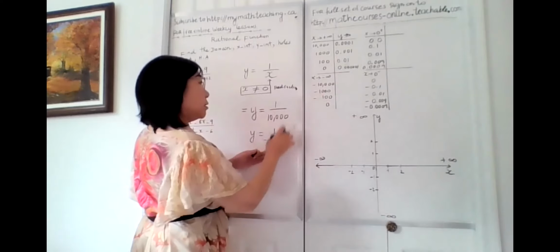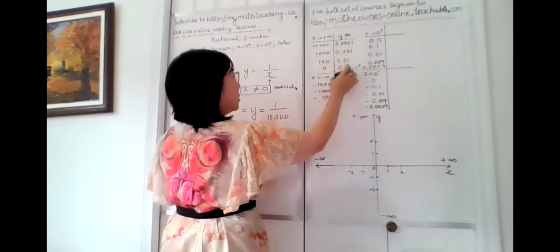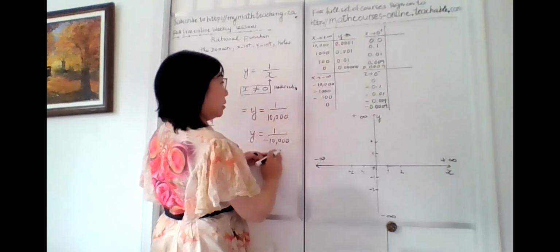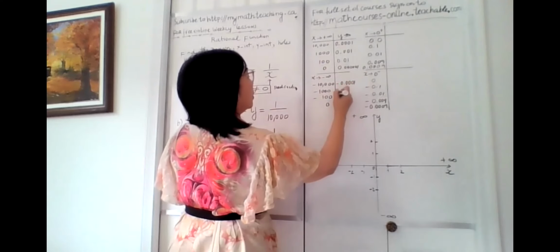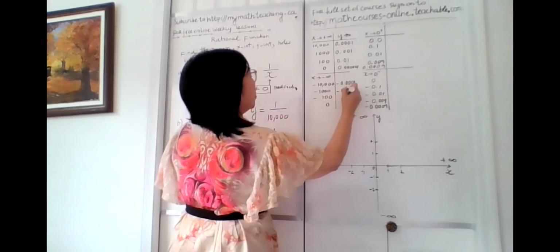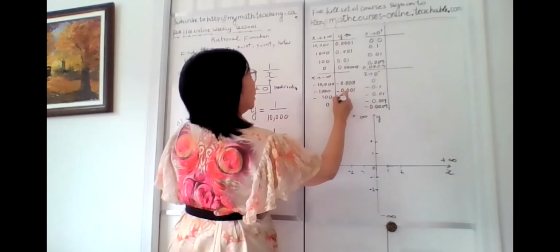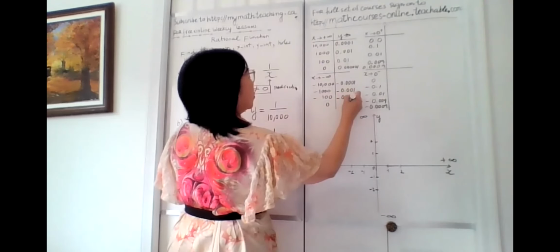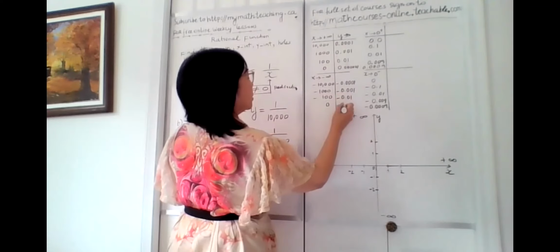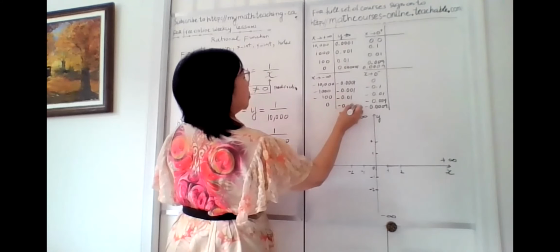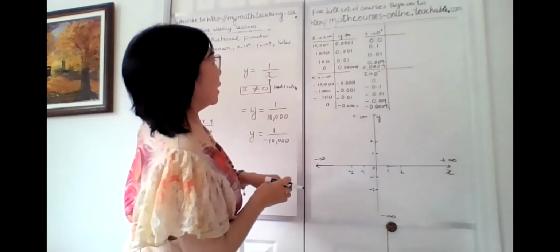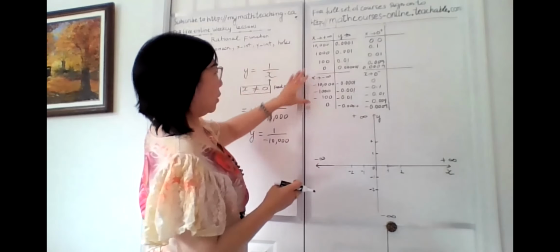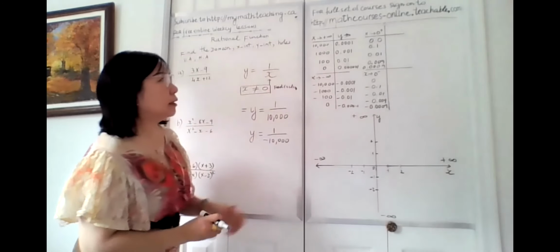And of course, the answer will be exactly the same as this, except that it's in the negative value. So that will be minus 0.0001, this will be minus 0.001, and minus 0.01 and so on. So this is the data table value. We calculated and we put it in there.